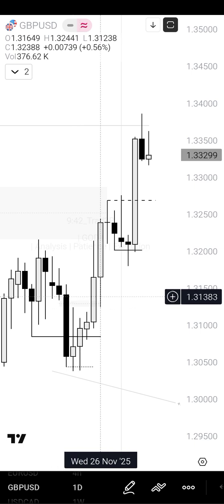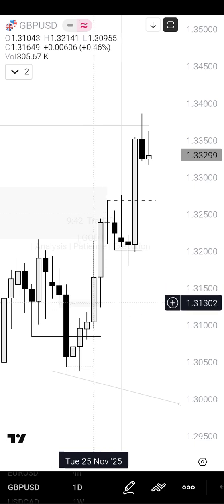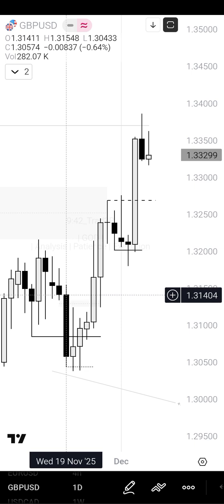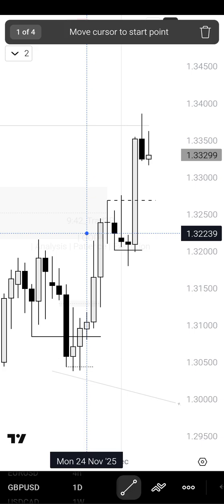On Wednesday, 26th of November was when I looked for an entry when price came back to test this model number one here.